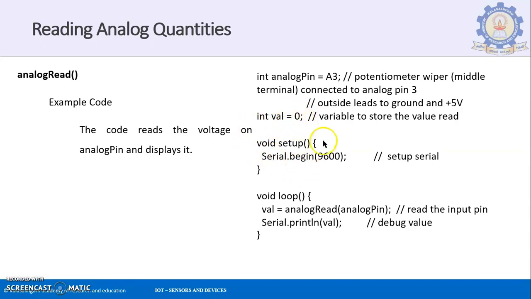Then I'm going to communicate this data to the serial monitor. When I'm communicating it to the serial monitor, I will be using this instruction called Serial.begin. So the Serial.begin of 9600 means this 9600 represents the baud rate, or the bits per second transmission rate. From the Arduino to the serial monitor, the data is transferred at this particular bit rate of 9600.